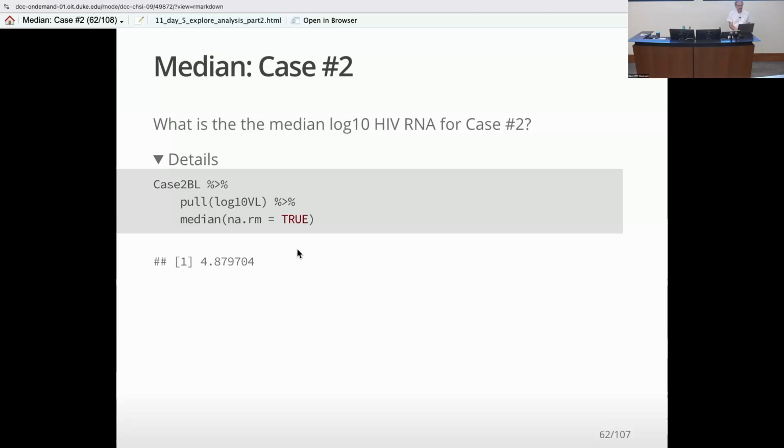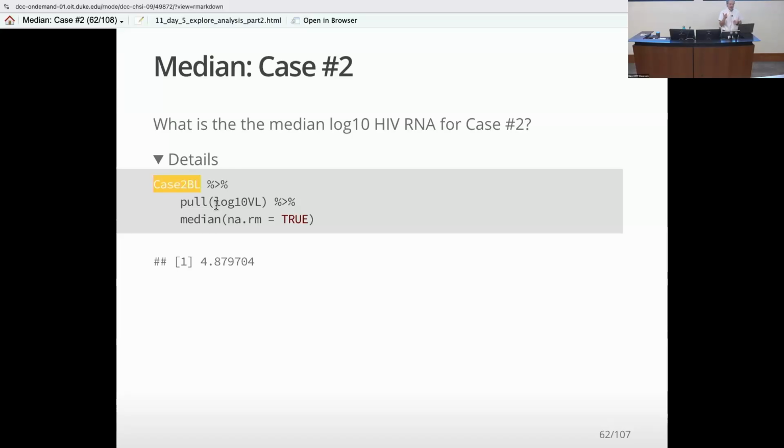So poll is pulling that variable? So poll is a dplyr function. Yeah, and so dplyr is usually, this is a data frame, right? So poll actually takes out a column and it returns that column as a vector.